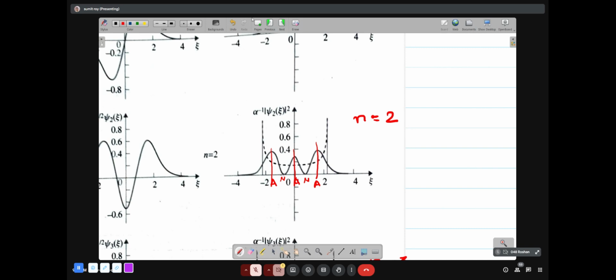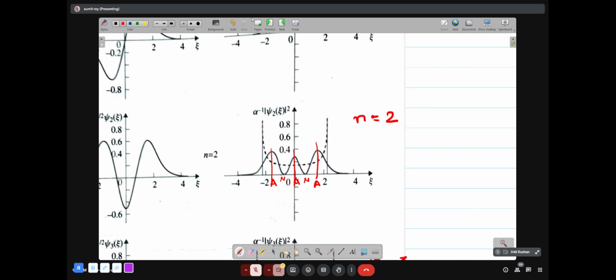This is for n equals to 20. Now because n is even, the probability of finding the particle at the mean position will be 0 or non-zero? Non-zero. What will be the number of nodes? 20. And antinodes? 21.